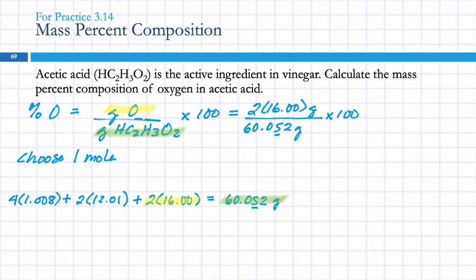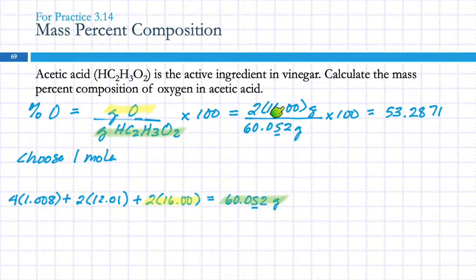Now this one is going to give us a bunch of digits. 53.2871, and it just keeps going. How many significant figures should we use? Well, I kept track of them in here for us.